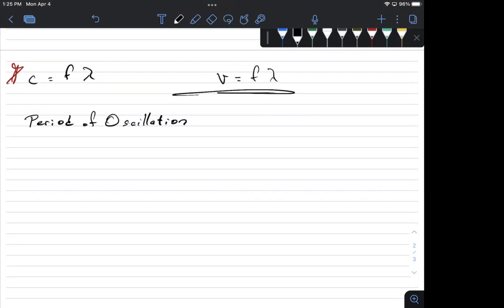So the period of oscillation has the variable capital T. And what the period of oscillation is, is how long does it take to make one oscillation?